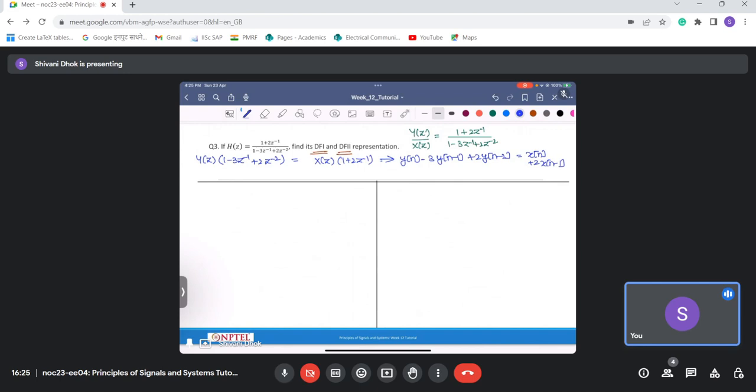Rearranging, y[n] equals x[n] plus 2 times x[n minus 1] plus 3 times y[n minus 1] minus 2 times y[n minus 2]. And this is the equation that we will use.